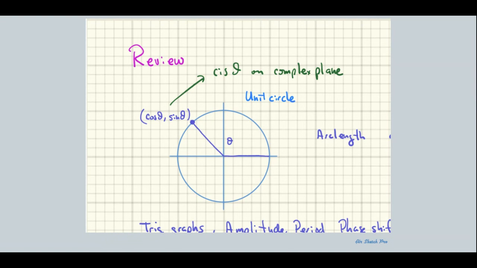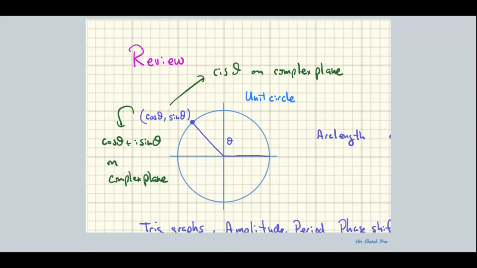So in the very first presentation when I showed this to you, I wanted to get you guys to the point where you'd be able to see immediately from the things that you've seen before that we're going to be looking at cis theta. Okay? Because in the complex plane, this is just cosine theta plus i sine theta. Okay, and that was the first thing we want to look at.